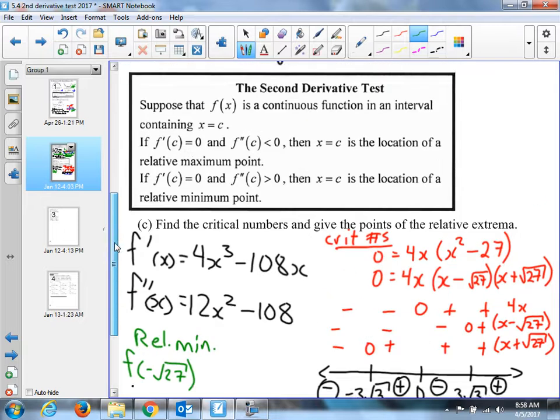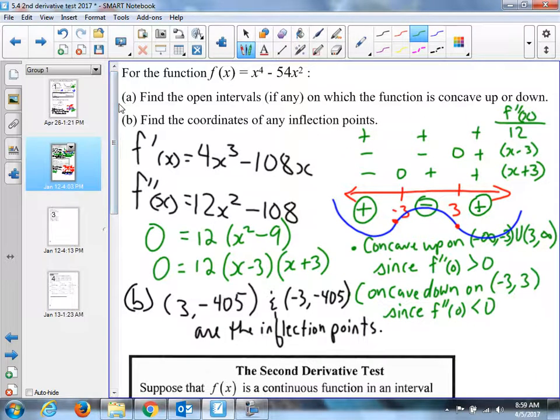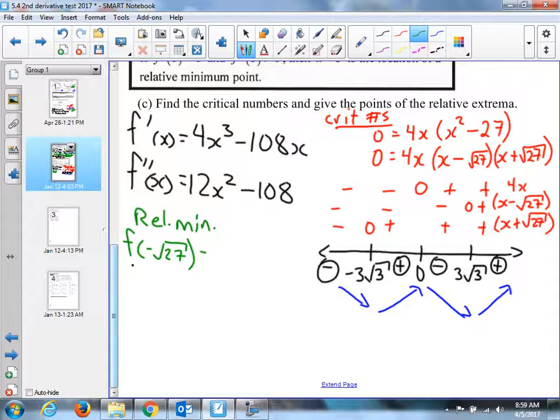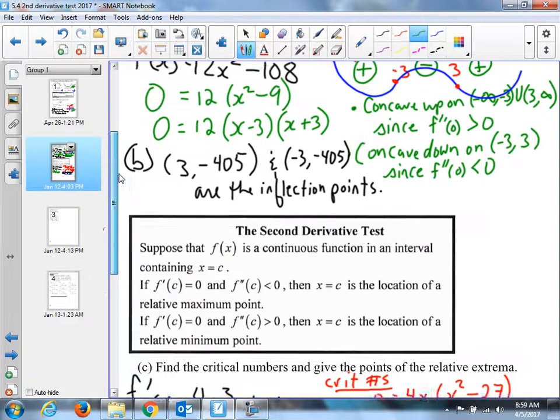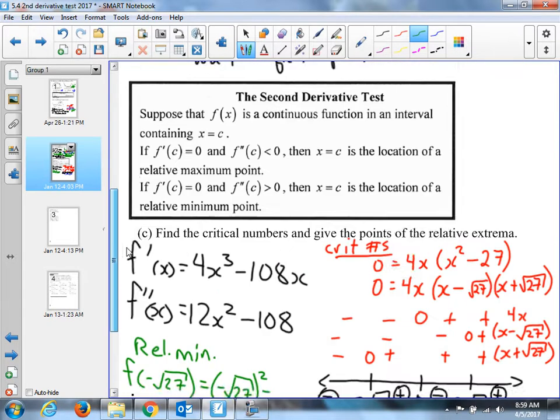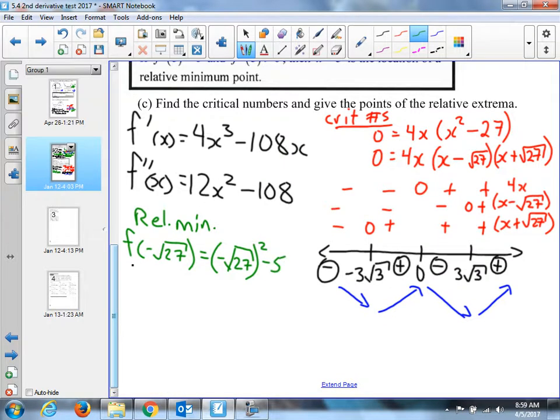You can use 3 root 3, it's the same number. And I go back up: x to the 4 minus 54x squared. I'm going to just write this out this time. I've already forgotten this at one point. No, it's 54. Yeah, I did forget. 54.